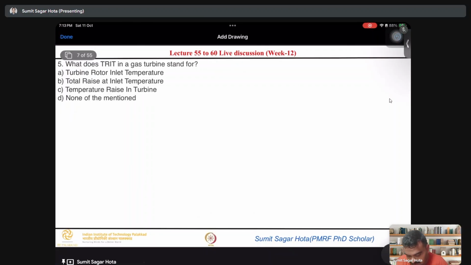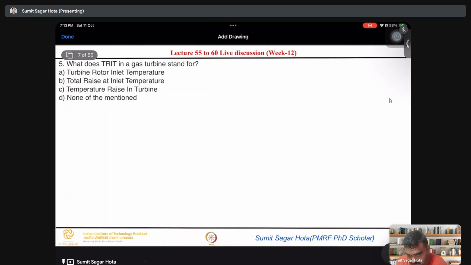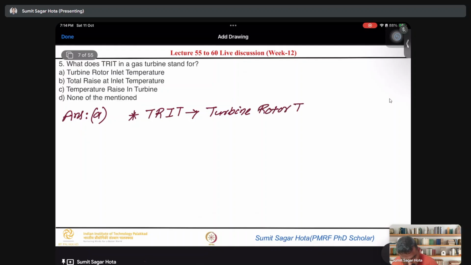So the answer is A. Turbine rotor inlet temperature. Answer is A. Turbine rotor inlet temperature.